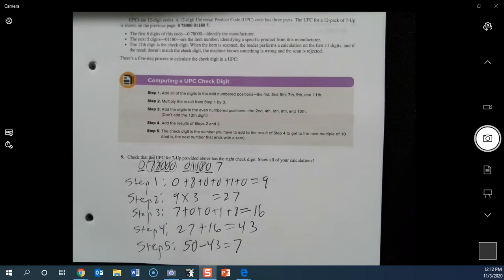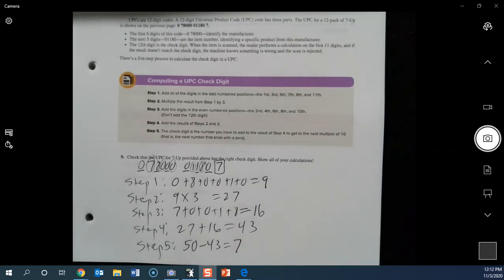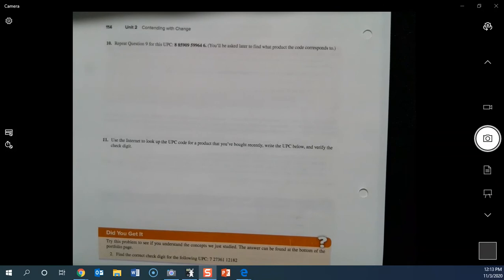So with that being said, we look here and you notice the check digit here is 7. So it has the right check digit. Now, some of the problems that you're going to encounter will only have 11 digits. So you will actually be finding the check digit and it won't be given to you as is shown here. So now we move on to the next page.